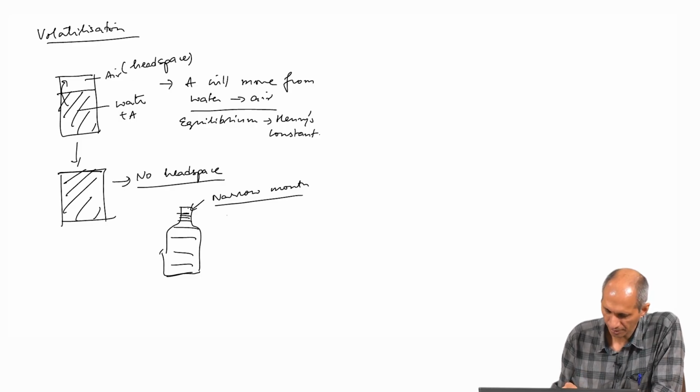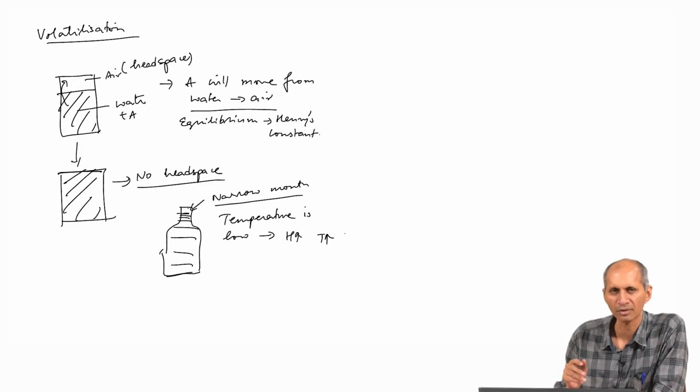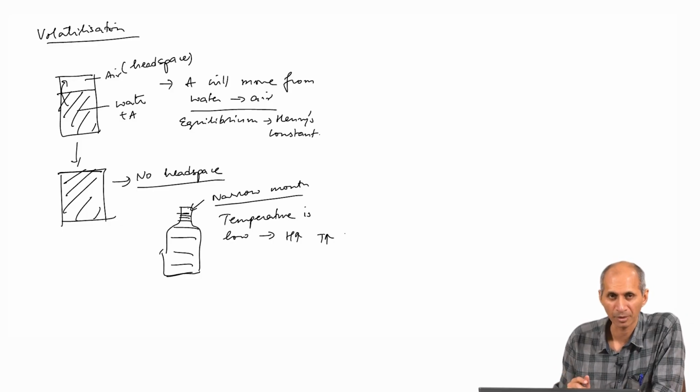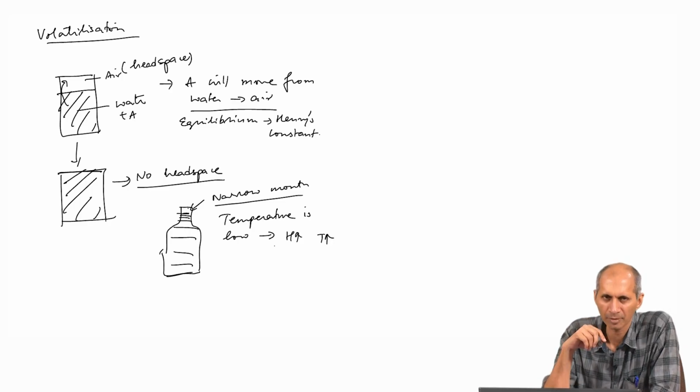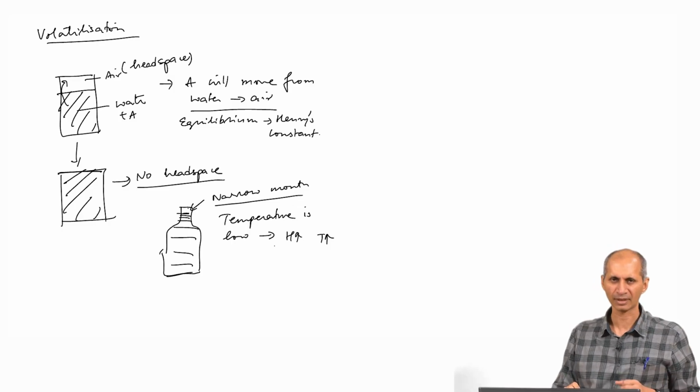And then also the temperature is low. The temperature is low because Henry's constant is a function of temperature. Henry's constant increases with the increase in temperature. Therefore, if you keep the temperature down, Henry's constant is likely to be low. In addition, keeping the temperature low for sample storage and transportation will also reduce biodegradation if there is any happening.